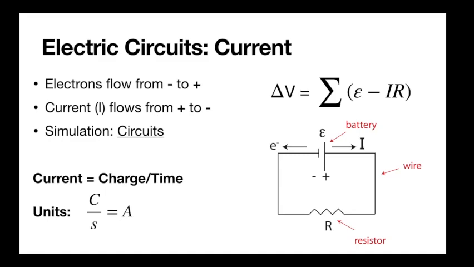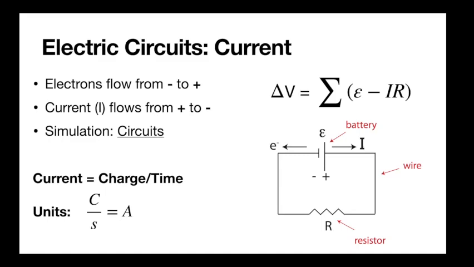That's how electricity flows. For some historical reason, in physics we just talk about current being the flow of positive charge. That simply doesn't happen. Protons don't move through circuits, but it doesn't matter, the flow of positive charge is the opposite of the flow of negative charge. So for our purposes in this class, current flows from plus to minus.